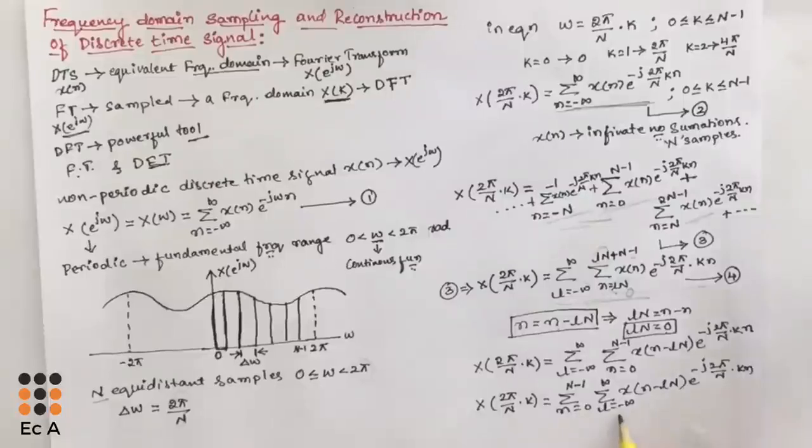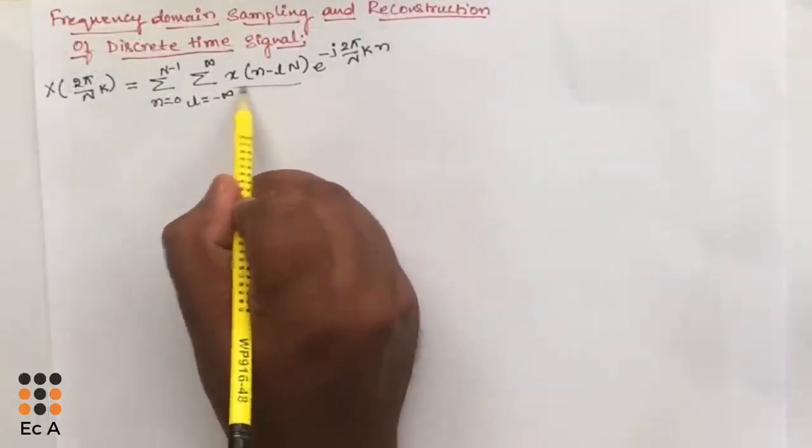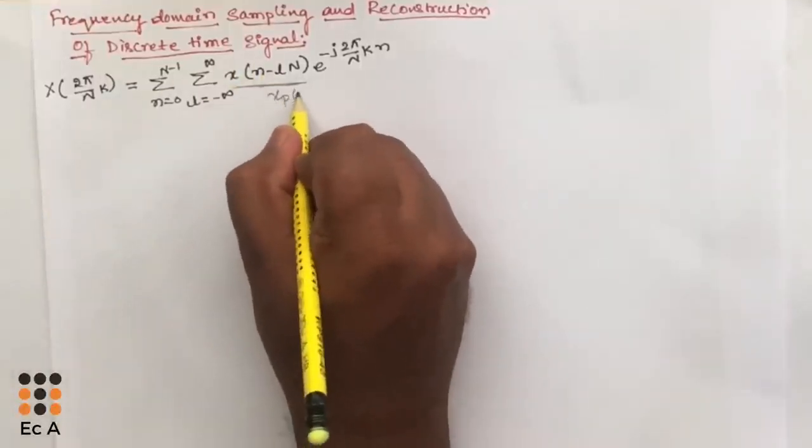Now this term represents the periodic signal with period capital N. So we can represent x of n minus ln as xp of n.